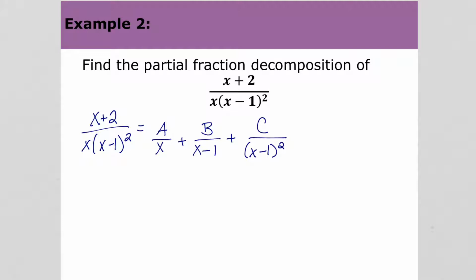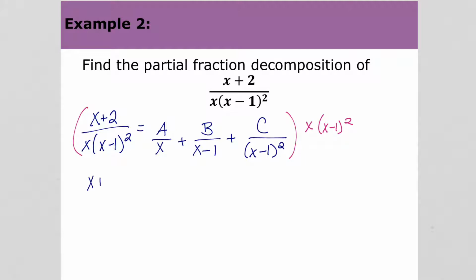So, there's our situation. And what we do now is we just start solving it algebraically. So we're going to multiply through by the common denominator, and that will help us get rid of everything on the bottom. So we'll multiply by x times x minus 1 squared.